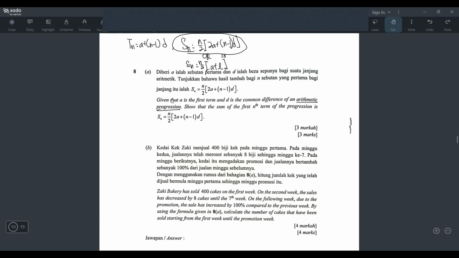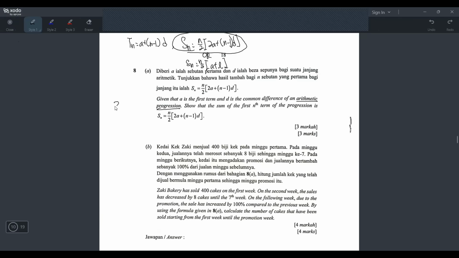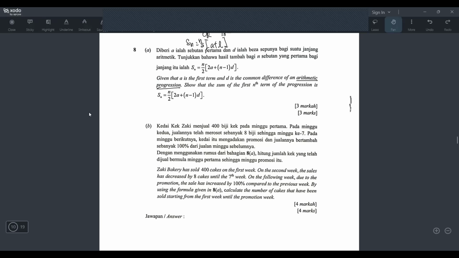Even in my trial 2022 video, a lot of the same type of question came out. And in 2023, so far I only made two state papers. The first state paper I made is the Sabah one, and both paper 1 and paper 2 have questions where they ask you to prove a formula, like the Sn formula for geometric progression. And now this paper also has one. So this question is very famous in trial.